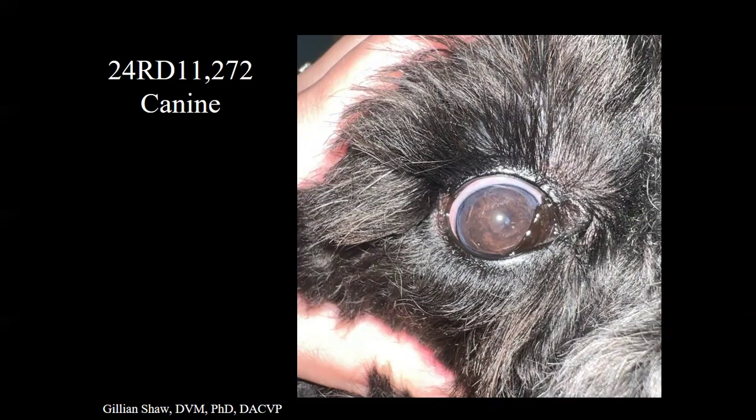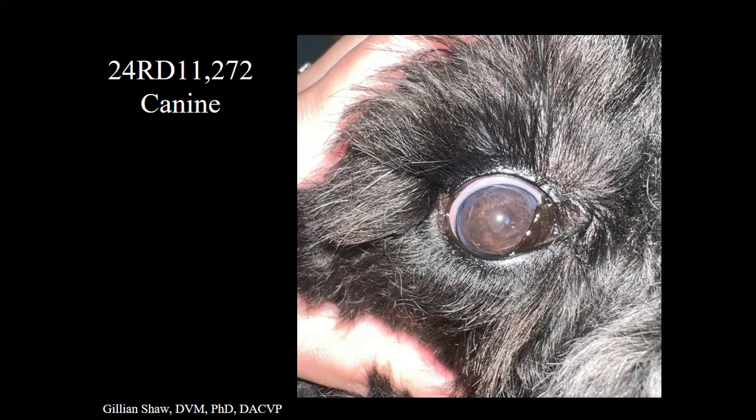The eye was enucleated because there was concern for an ocular, a uveal mass. They said a mass was noted on the iris that obscured the majority of the pupil. No menace present, no changes to conjunctiva or lids, unable to perform fundic exam due to small pupil size remaining. So they enucleated for concern of an intraocular mass.